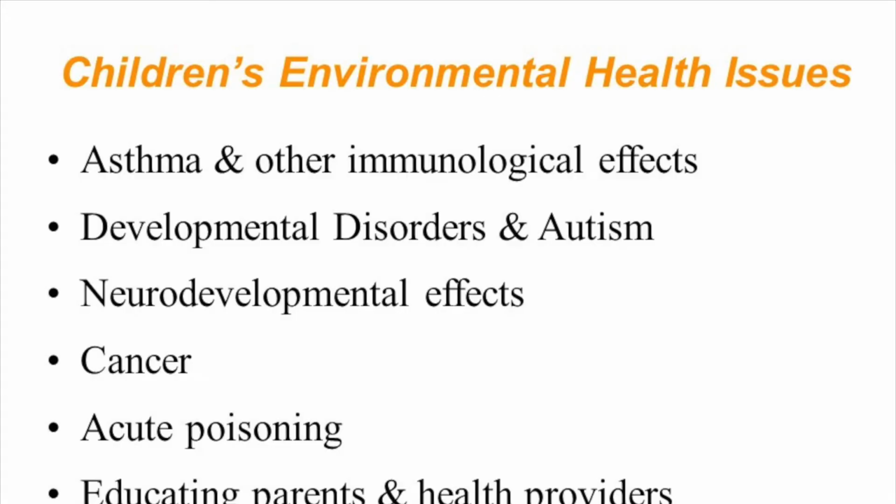So for example, asthma and immunological effects in children caused by exposures to some of these toxic agents, especially metals and pesticides, developmental disorders and autism, neurodevelopmental effects, cancer, acute poisoning, etc. Now I want to show you very quickly some slides of how children's exposures might be occurring in the real world in terms of various pathways of contact.